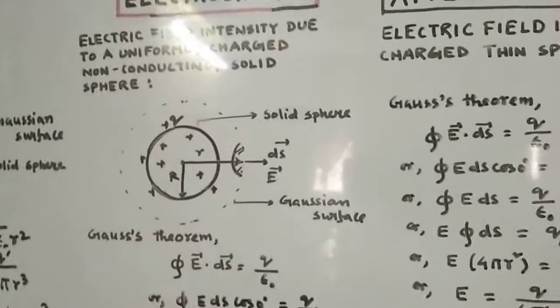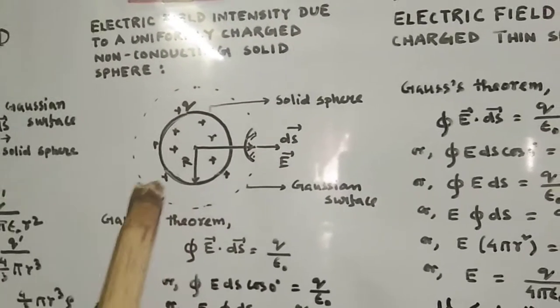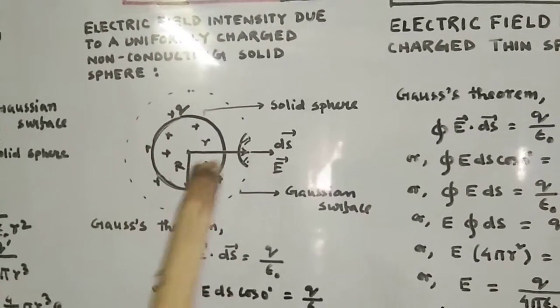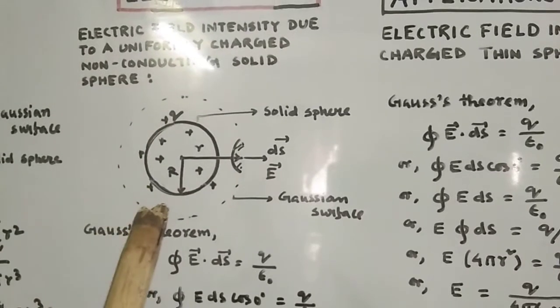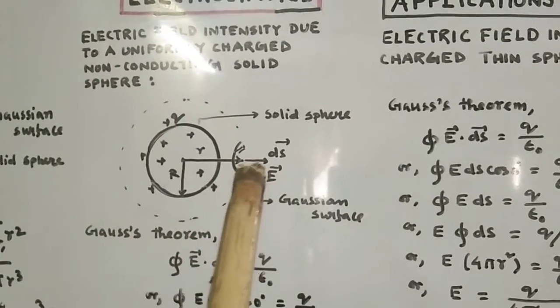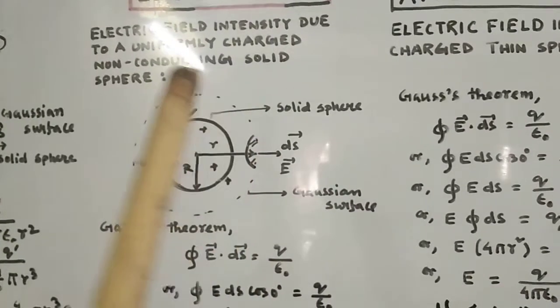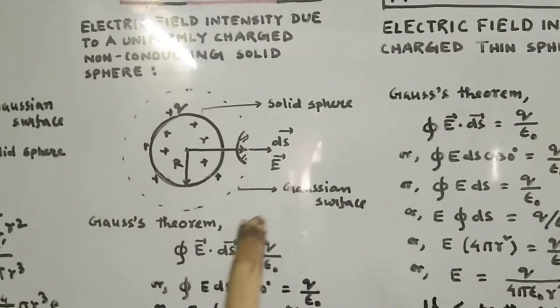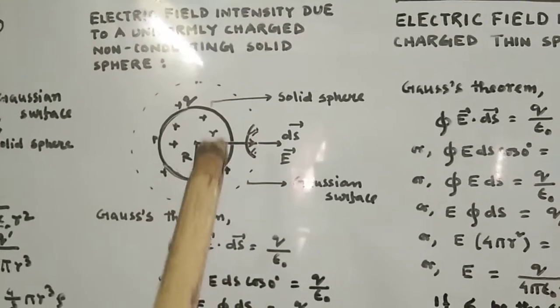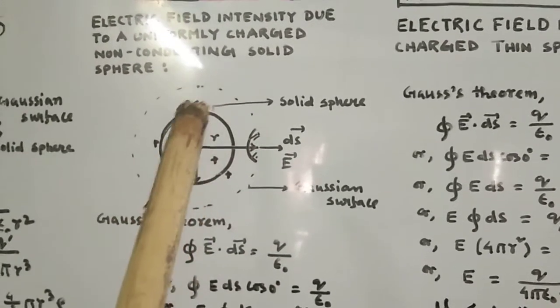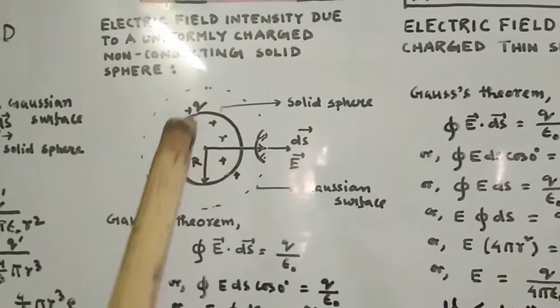So let me consider this diagram. This solid one is your solid sphere, and we are trying to define the field intensity outside the solid sphere. So at the point where you have to define the field intensity, we have to construct a Gaussian surface. This dotted part is your Gaussian surface, and this is your solid sphere, and the charge resides here, not only on the surface but inside the material also.